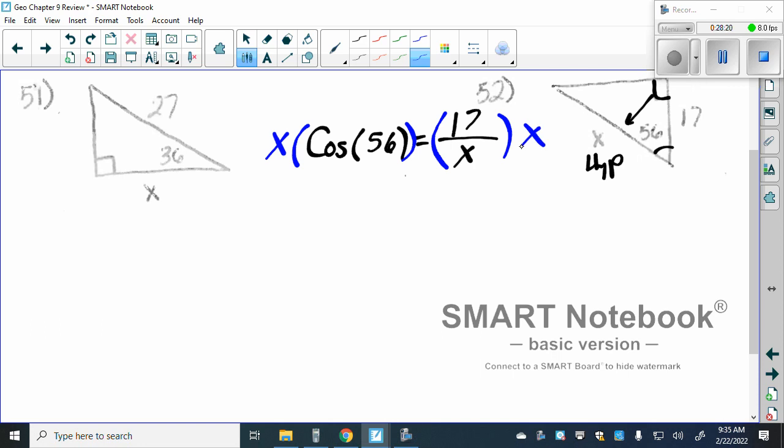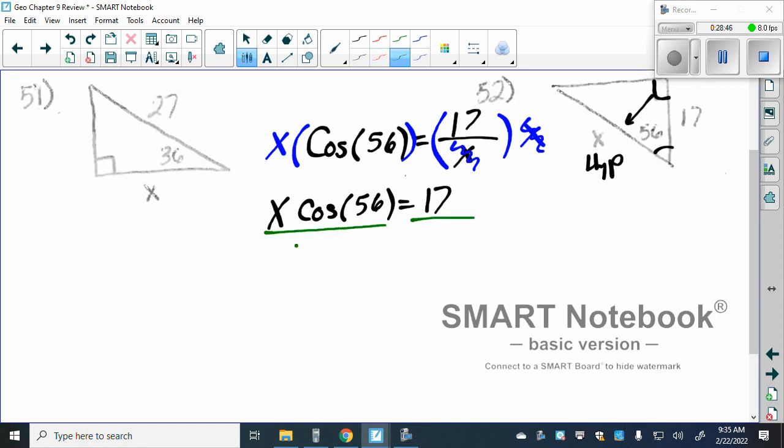Because we're still going to multiply both sides by the bottom of the fraction, which would be our x. The x and x here would cancel, telling me that I have x cosine of 56 is equal to 17. Is the variable by itself? No, because we have x times cosine of 56. So, okay, we have one more step.